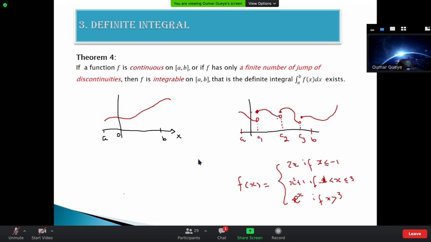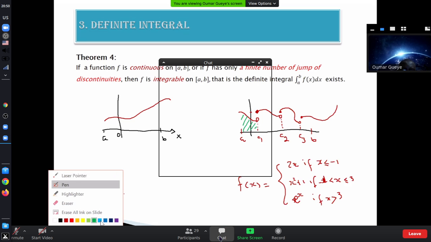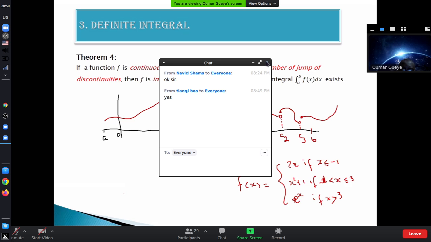Now, if you want to calculate the area, it's not a big deal. You have to split it into areas. That's it. You will get an area here, the green one. You calculate it first by using an integral. You integrate from A to C1, plus now the other integral.